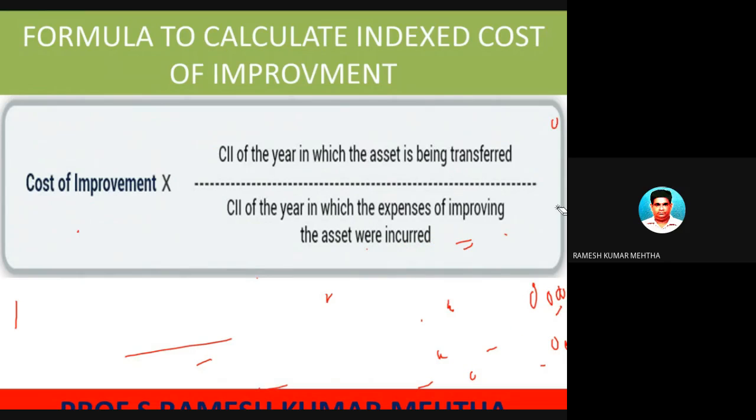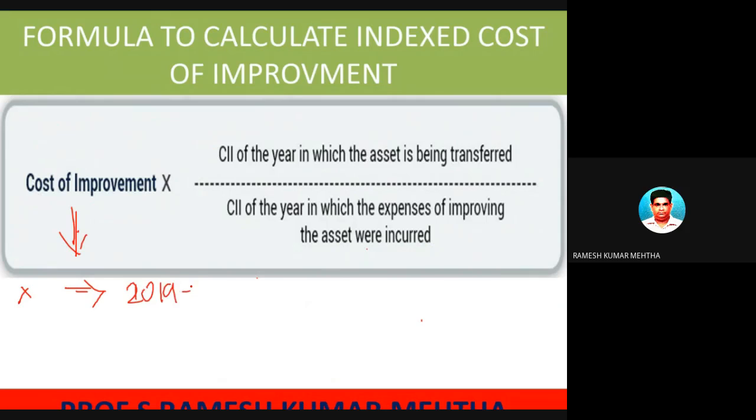Let's take a small example. It's very, very important because normally we don't have only a ground floor, we have even a first floor and second floor. Okay, let's talk about the problem of how to find out cost of improvement. X has sold a house property in the year 2019-2020 for rupees 50 lakhs. Sold, a sale value or transfer.